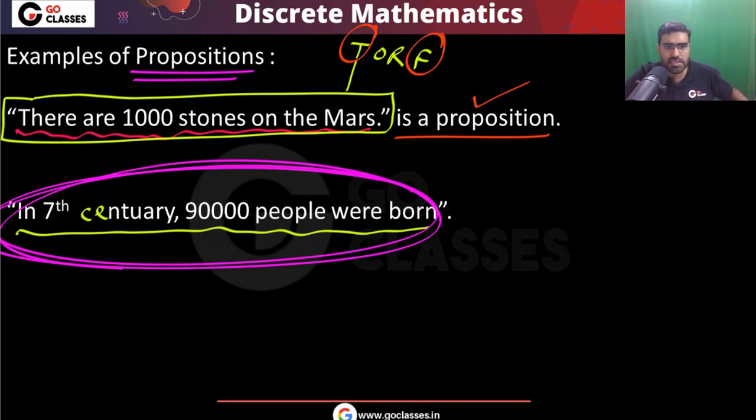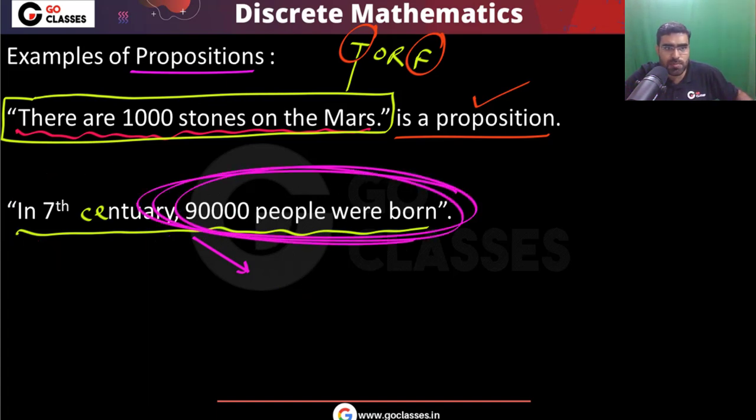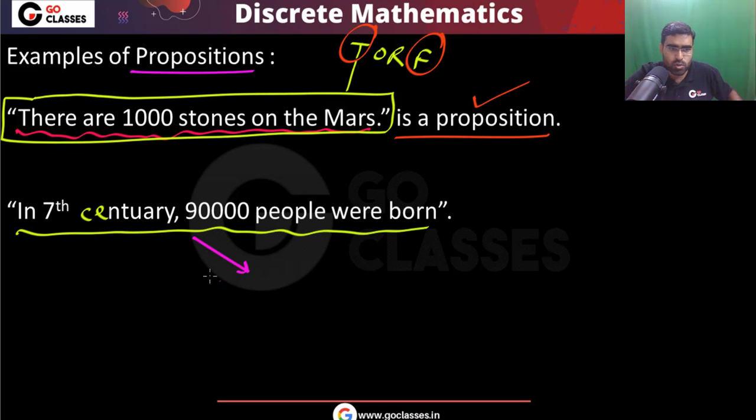You can very simply see that this sentence is either true or false. In the 7th century, either these many people were born or they were not. We don't need to know whether it is true or false. Remember, we don't need that knowledge. I am not asking if it is true or false. I am asking whether it is a proposition.